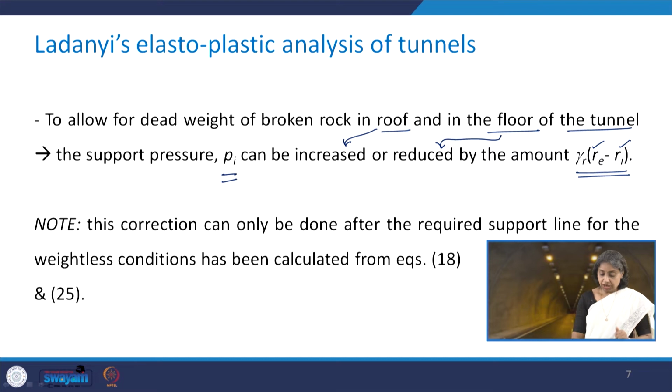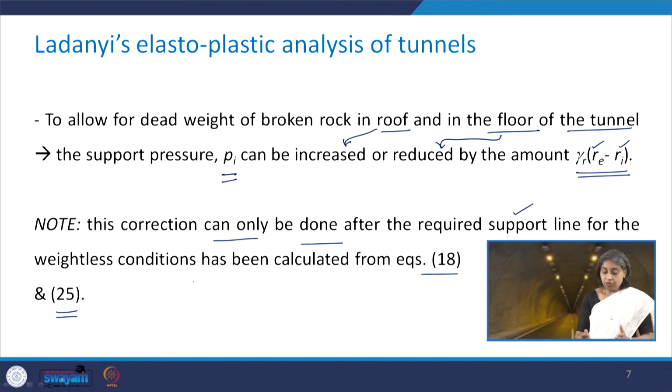of a figure. Now we need to take a note here that this correction can only be done after we have got the required support line for the weightless condition, which we can get from equations 18 and 25 for elastic and the plastic zones respectively.